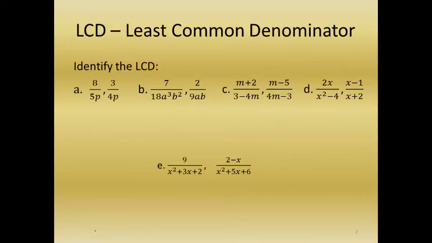Here we go. So we have to identify our LCD, or our least common denominator. And to do that, we need to take a look at only the denominators. And then what does it mean to be the least common?